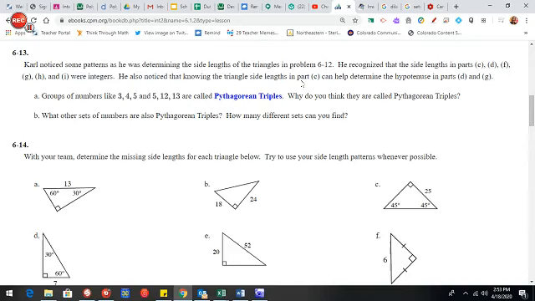I'm circling them in my notebook. And he also noticed that knowing the triangle side lengths in part C can help determine the hypotenuse in D and G. Okay, so let's look at that.